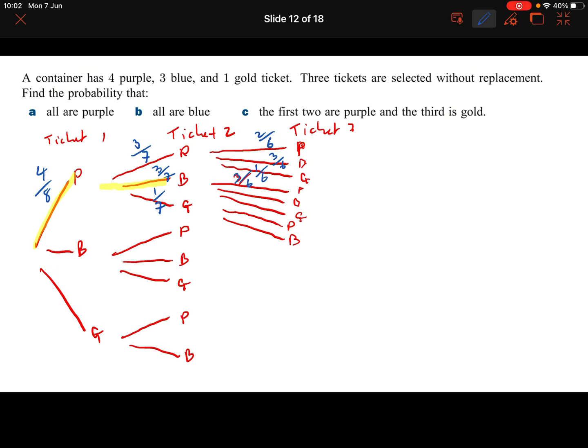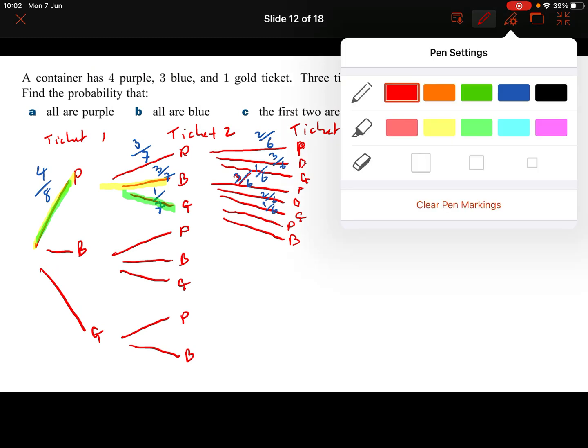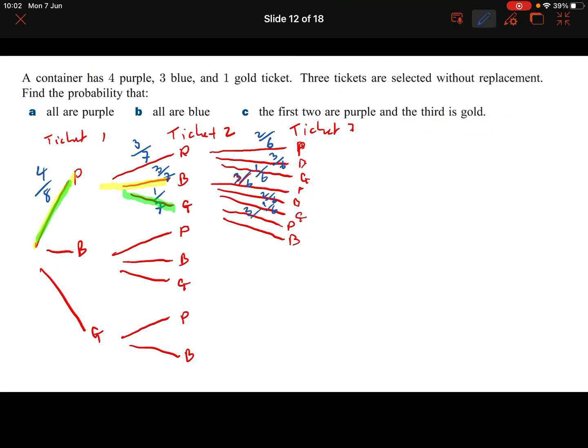I've got 1 less blue, so there's only 2 blues left, and 1 gold left. Now this next one I'm saying I've taken a purple and a gold, so I've got 1 less purple, so that's going to become 3 out of 6, but I've got the same amount of blues, 3 out of 6, and there is no gold left to speak of.